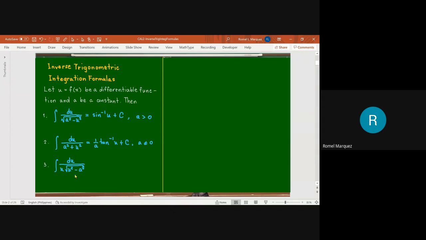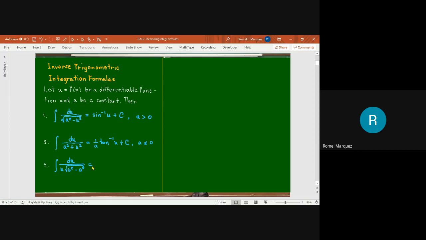Although both number 1 and number 3 involve radicals in the denominator, but look at the radicands. So the positions are different, no? In the first one, we begin with constant squared, followed by u squared. While here, in the third, we begin with function squared and then minus constant squared, okay?